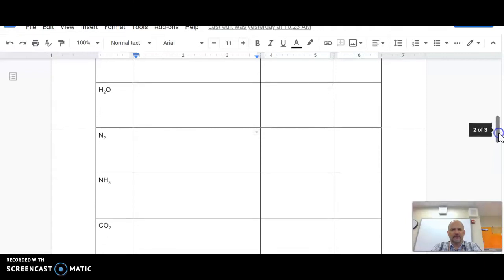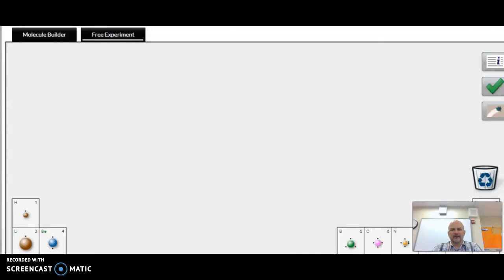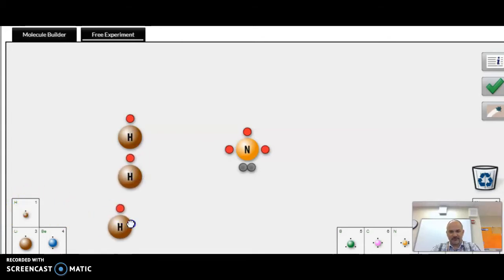So first we'll get started with the first model to build for you, which would be for NH3. In order to make that, I'm going to go over to the simulator here. Now the formula was NH3, so I need an N and I need 3 H's because it's H3. That 3 stands for how many H's I need in this particular formula.